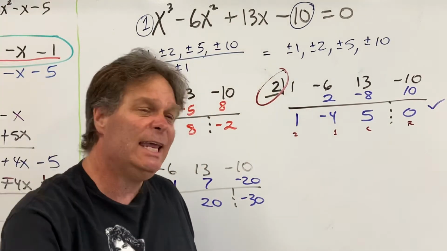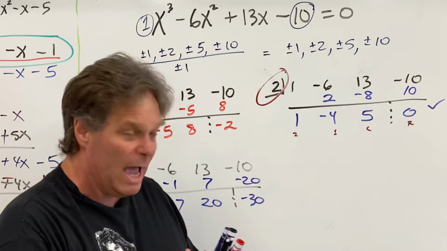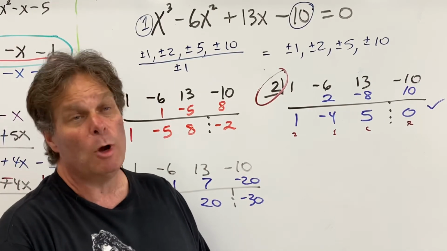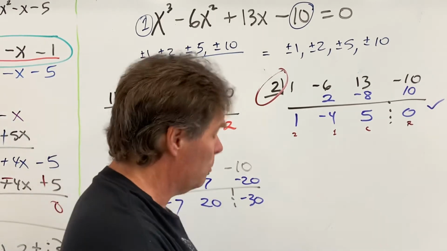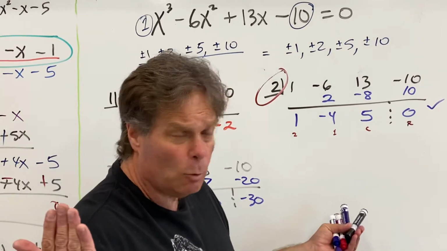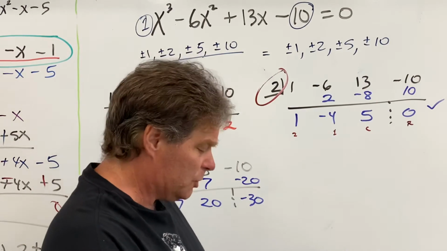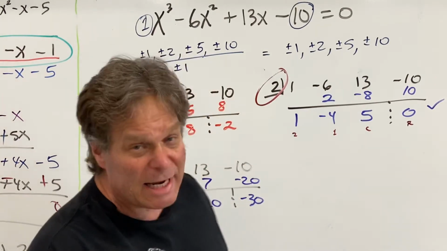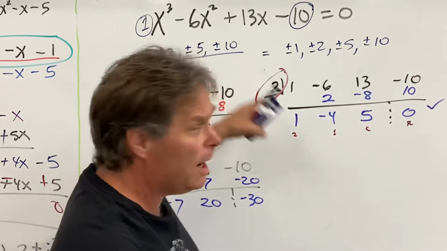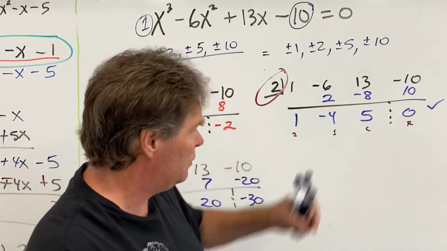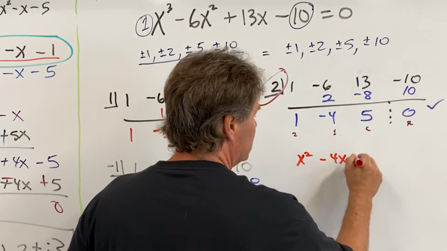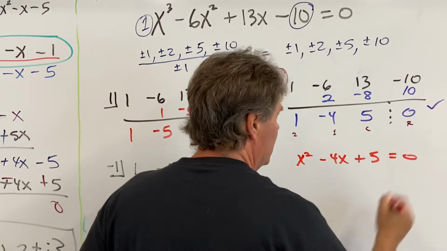I could solve any 2nd degree equation by either factoring, quadratic formula, or I could even do completing the square, quadratic formula at the worst case scenario. Once you get it down to a 2nd degree, you don't have to keep trying this, right? You can say, okay, x squared minus 4x plus 5 equals 0.